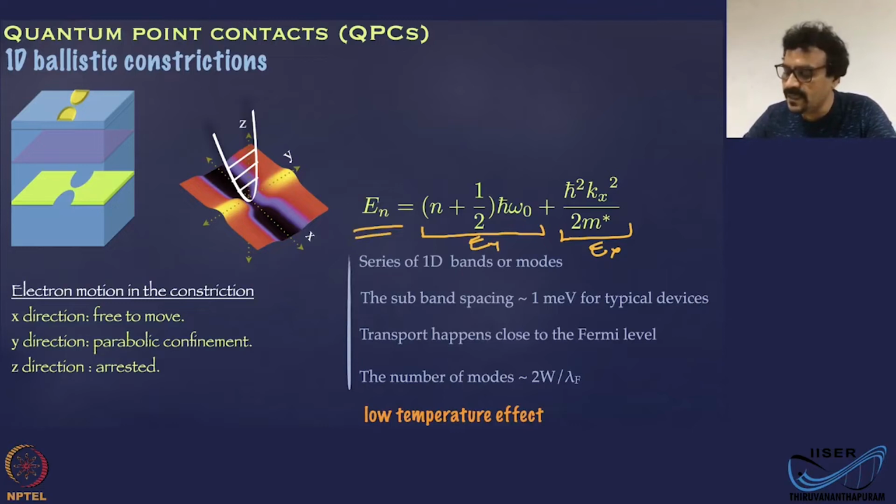Okay. Now, what you have is a series of one-dimensional subbands or modes in the channel, roughly spaced in energy approximately 1 milli electron volt apart. But these all depend on various parameters.